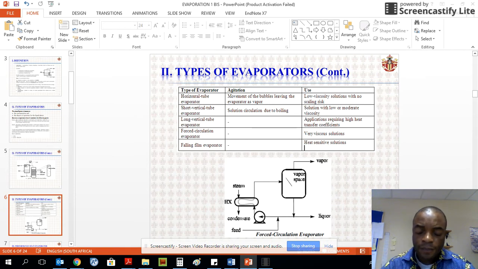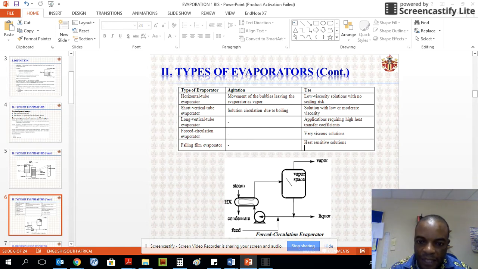At this stage, after attending our previous session, you are expected to be able to define evaporation. You are supposed to be able to tell the difference between evaporation, distillation, drying, and crystallization.